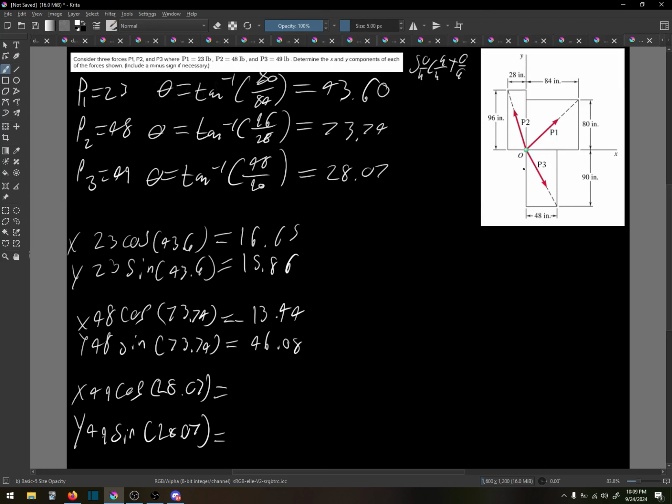We actually want to take that angle. This one's from x, this one's from x, but for some reason that one's from y.